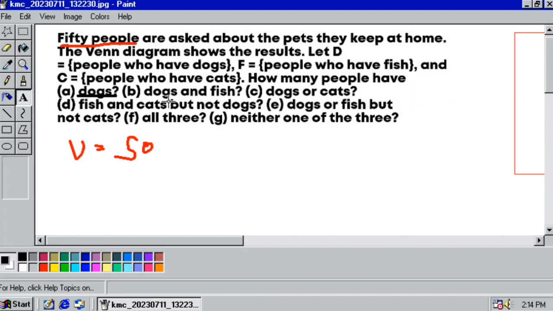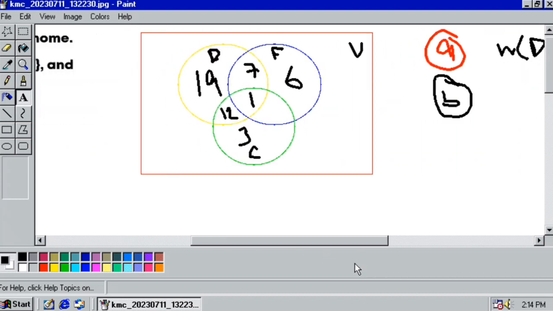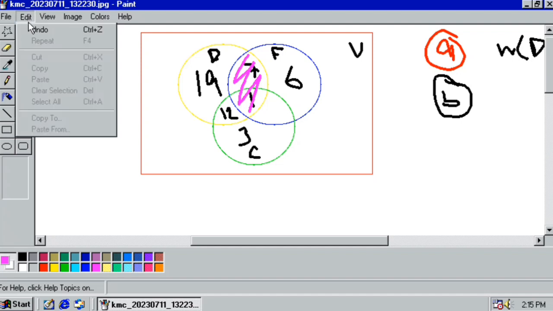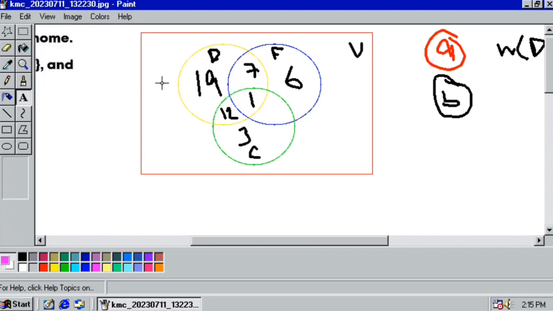So how many people have dogs and fish? We're just gonna have the intersection of dogs and fish. This shaded part right here are the people who have dogs and fish. Let's add the numbers on the shaded part, which is 7 and 1.